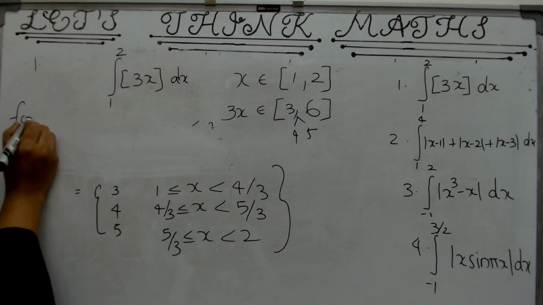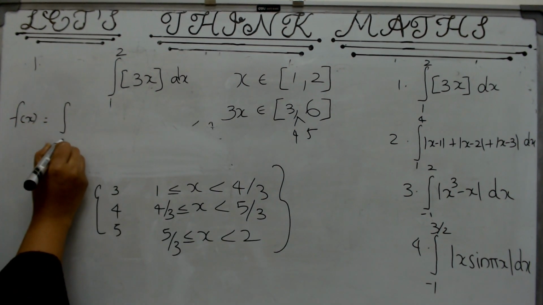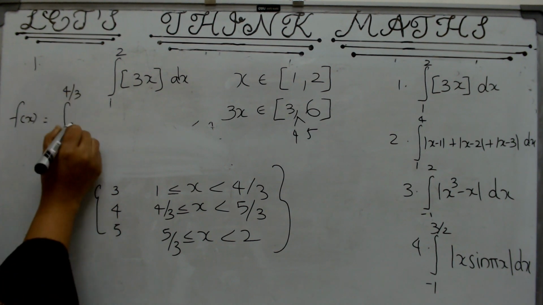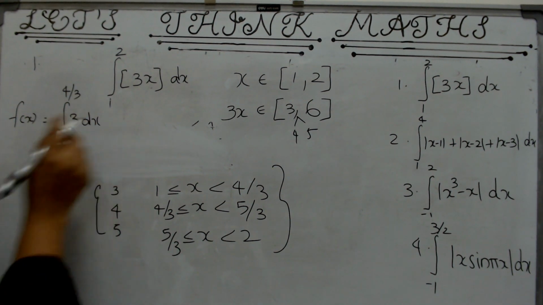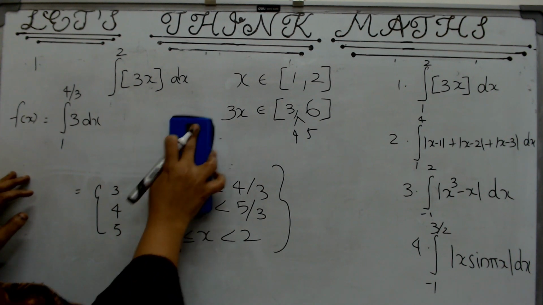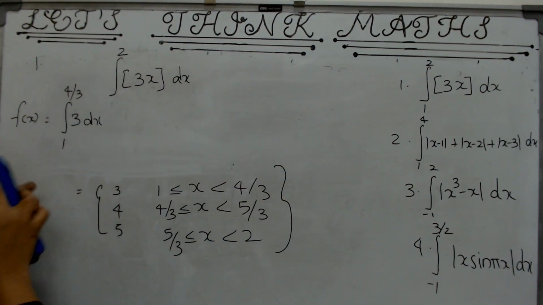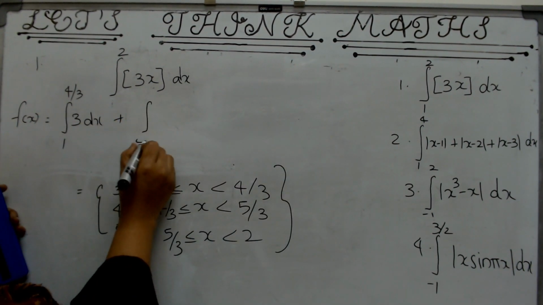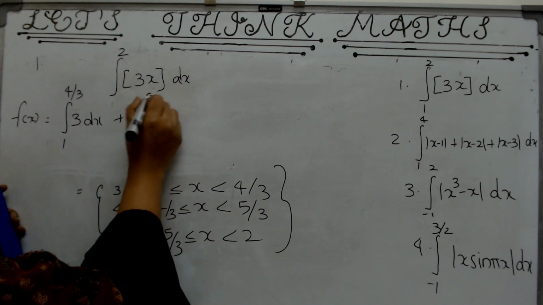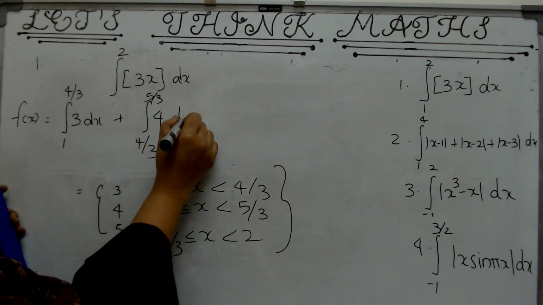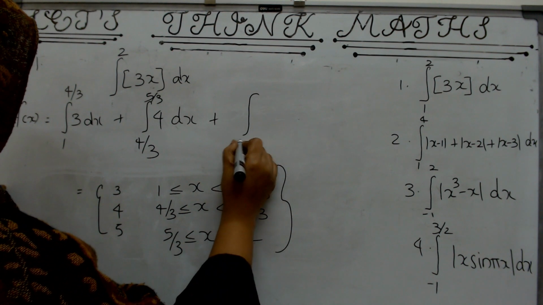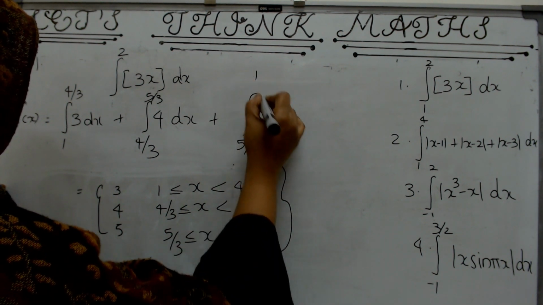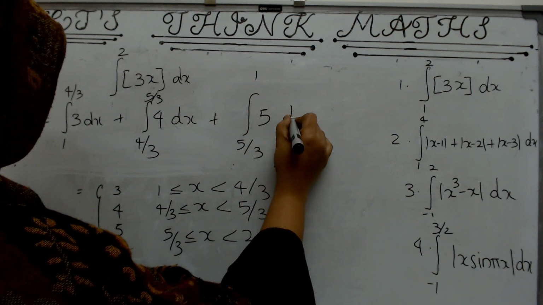So what is your f(x)? From 1 to 4 by 3, it is 3. From 4 by 3 to 5 by 3, it is 4. From 5 by 3 to 2, it is 5.